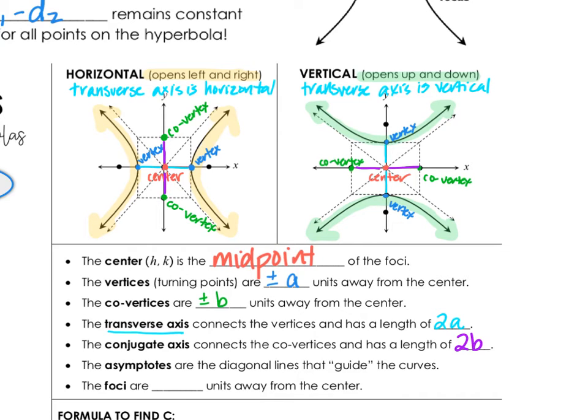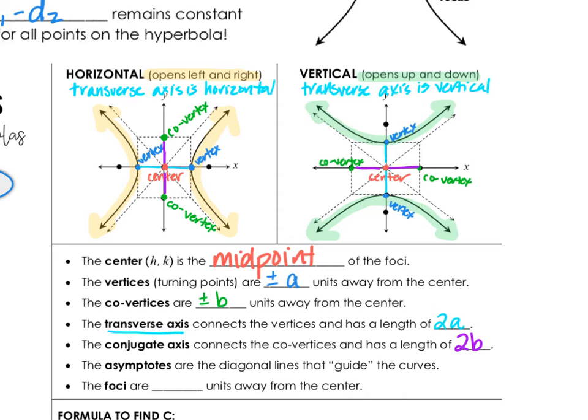Our next term you should be very familiar with because you've learned about these before: asymptotes. They are the diagonal lines that guide the curves or keep the curves in their lane. And they're the diagonal lines that are created from this little rectangle that the vertex and the co-vertex create.